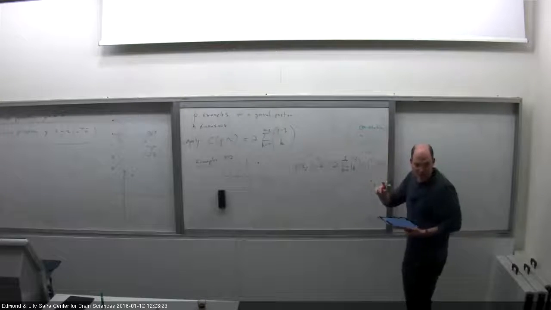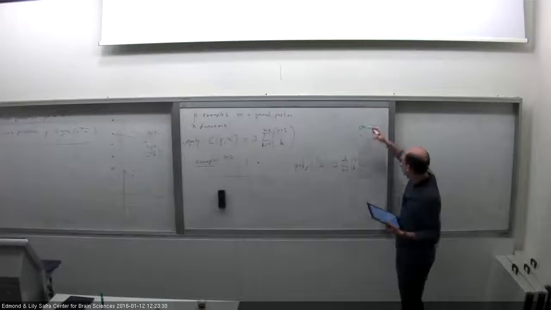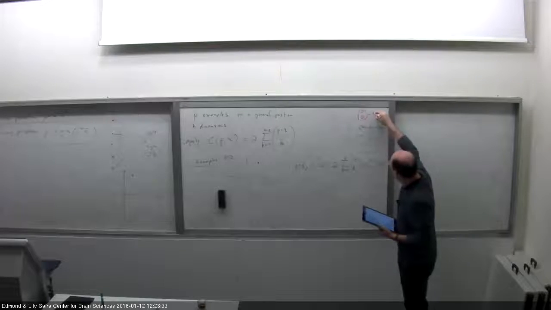And 0 choose 0 we define as 1. So it's 2. Maybe I should add this to our conventions here, that 0 choose 0 is 1.